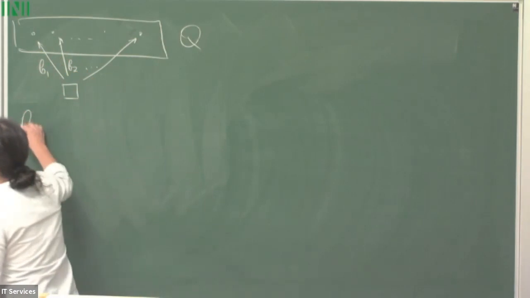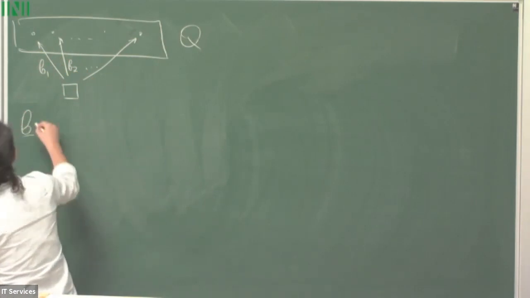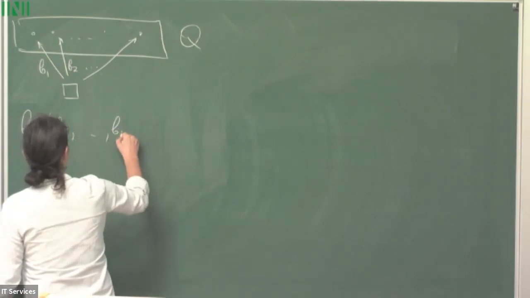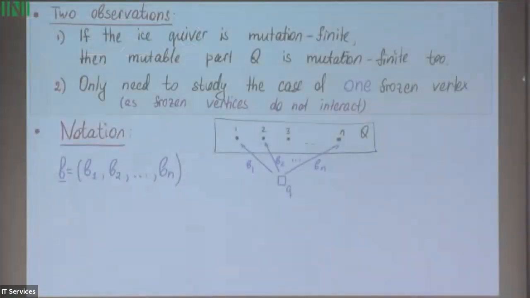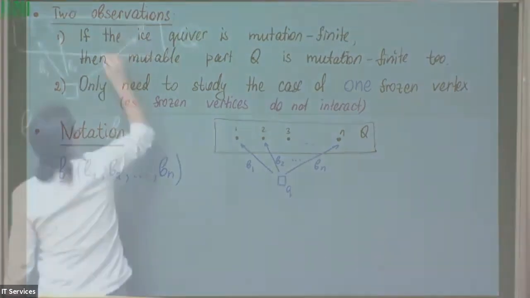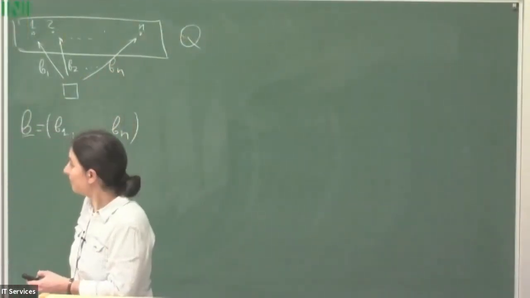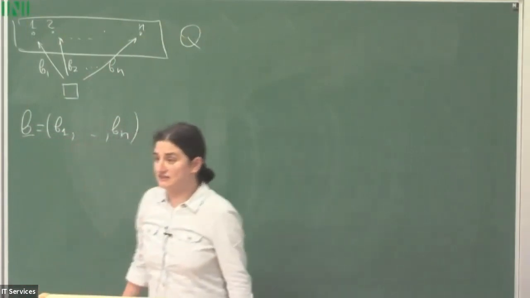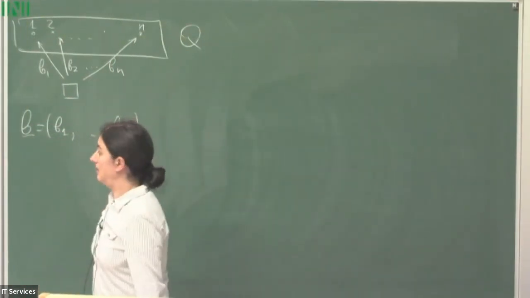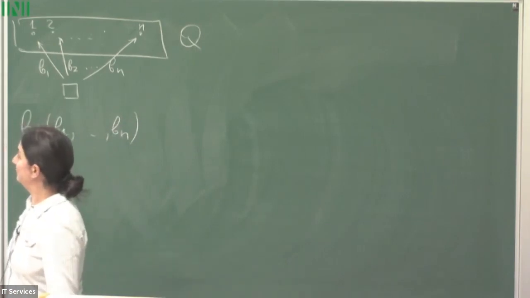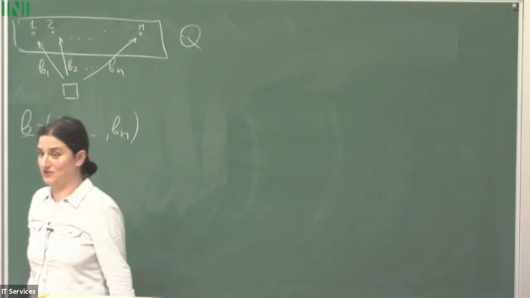I will look at the vector b1, ..., bn, and I will say that this vector is admissible if the quiver together with this frozen variable is mutation finite.